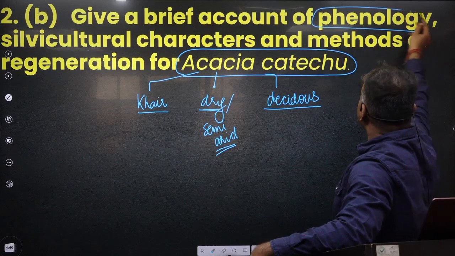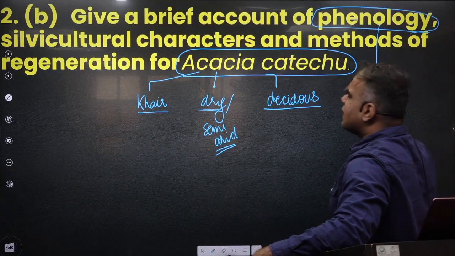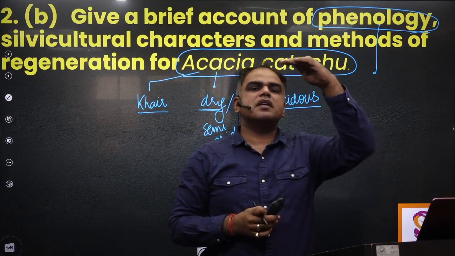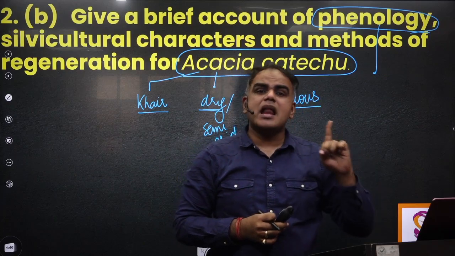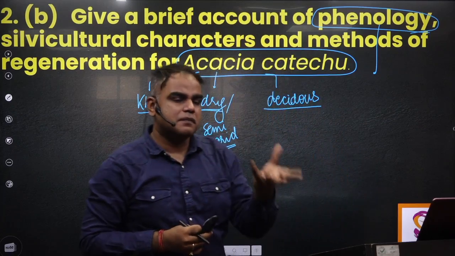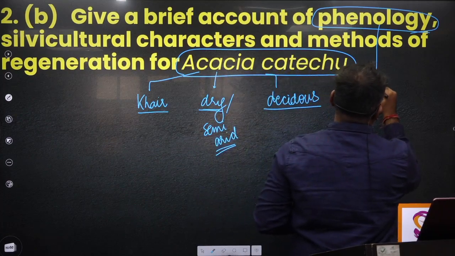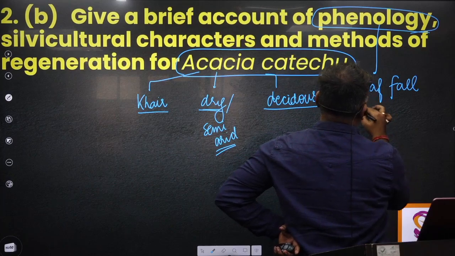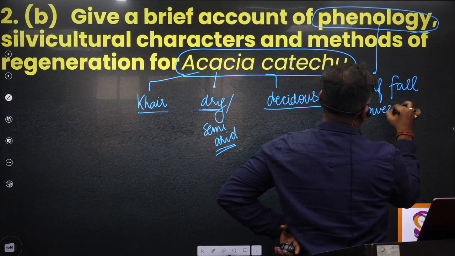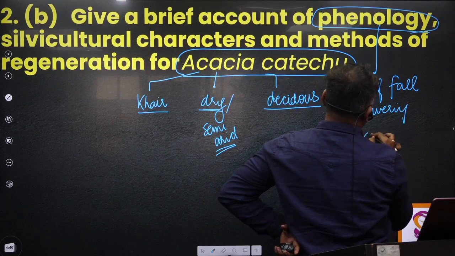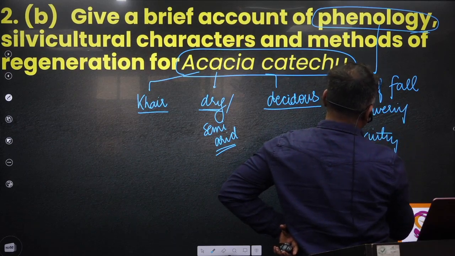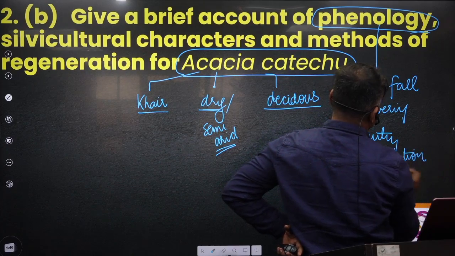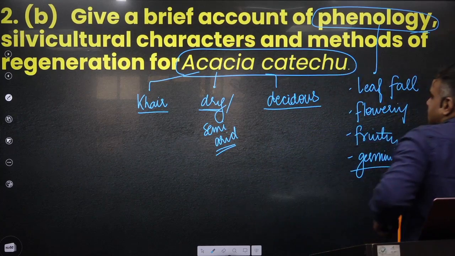First part is phenology. Phenology for us is very simple, just like we have a calendar, where different things are mentioned. For them, the calendar will be when the leaf fall will happen, when the flowering will happen, when the fruiting will happen, when the germination will happen. These are the steps.